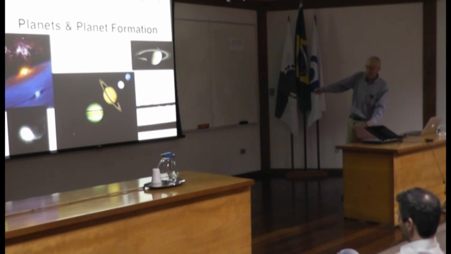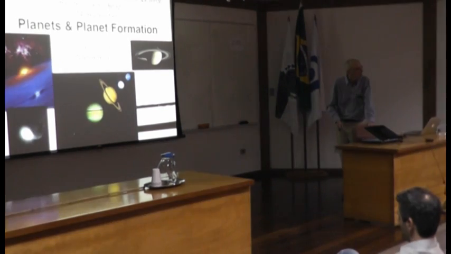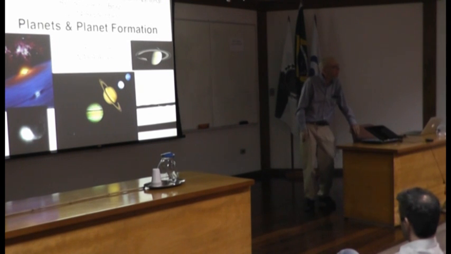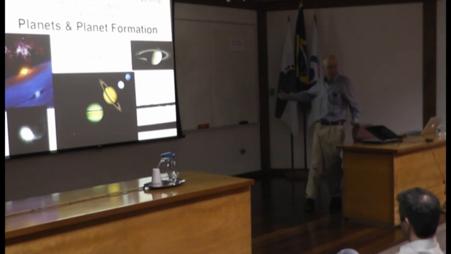And this is a theoretical model representing planet formation in a disk. And this is a painting. And we have things like this, which is pretty much real color. This is monochrome.